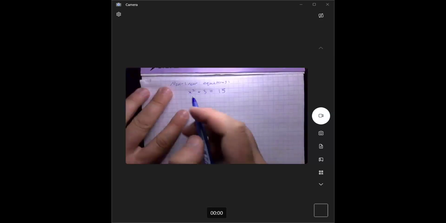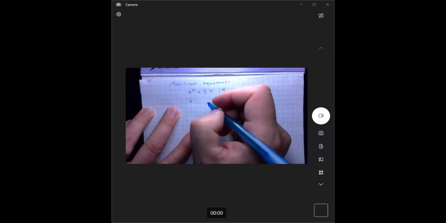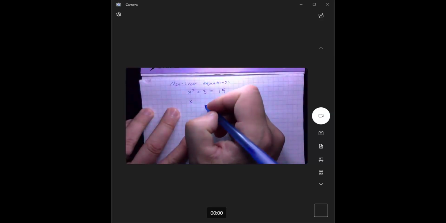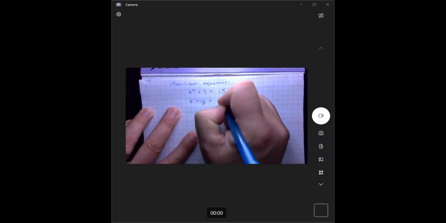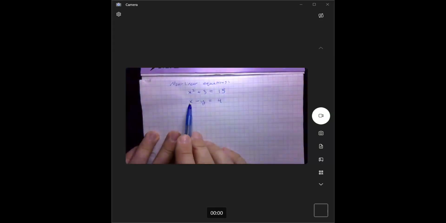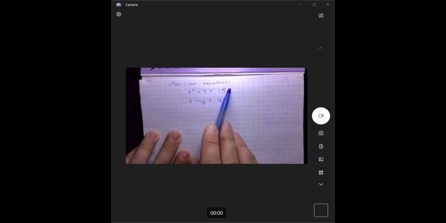So another nonlinear equation might be something like x minus y equals 4. Again, in this case, it's not a linear equation, at least not in a single variable, because there's an x and a y. So we can't solve it just by figuring out what x is, because the y also depends.